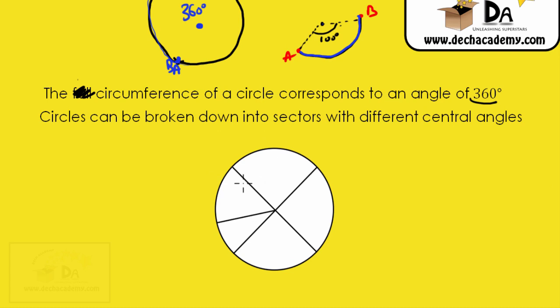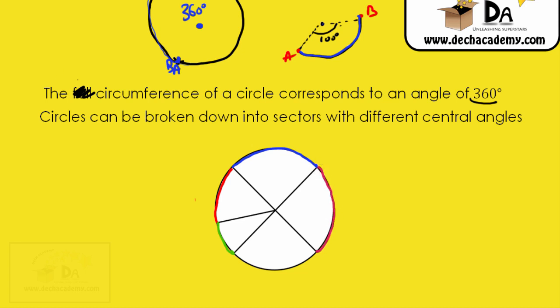So here I have a circle broken down into sectors. As you can see from the sectors, I have different arcs. Here's one. Here's another arc. Here's another arc. Here is another arc.